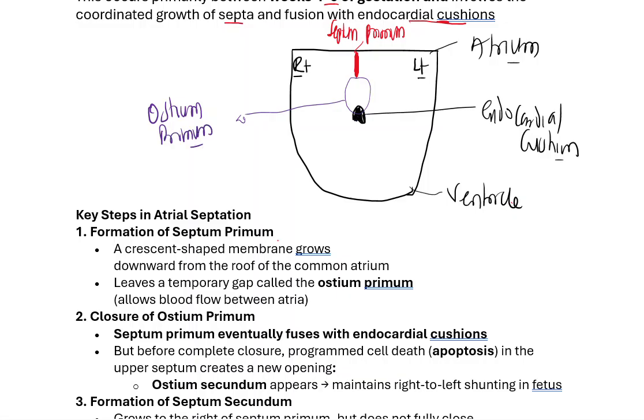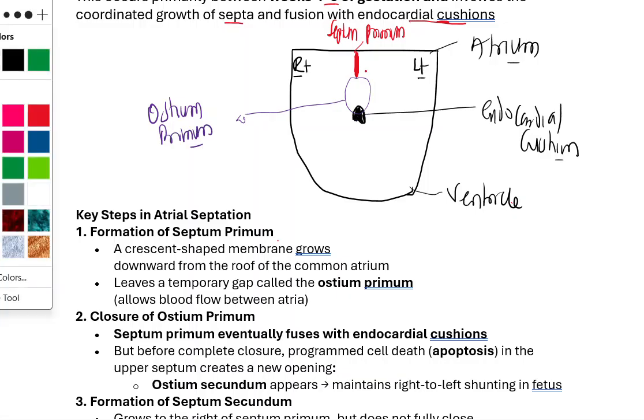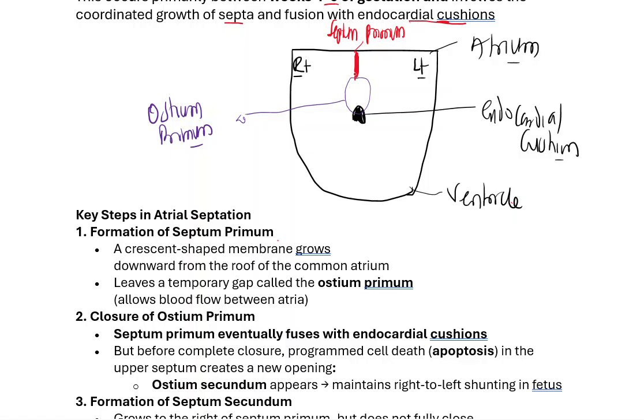And then with time, this septum primum is going to continue to grow towards the endocardial cushion. And as it's growing, you can see that the ostium primum is becoming more narrow. But to allow continuous right to left shunting of blood, programmed cell death, which is apoptosis, is going to punch a hole, degenerating part of this septum primum.